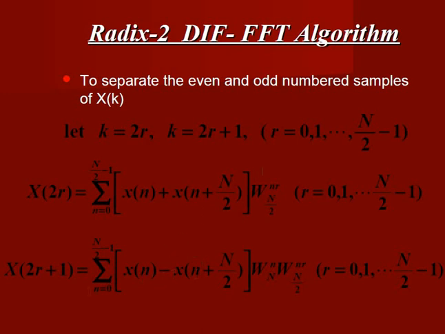That means one will go in the positive axis of the butterfly. We know in the butterfly, the upper part is positive, the lower part is negative. So the upper part will go with the positive part, the lower part will come with the negative part, and we have the twiddle factor multiplied with this.